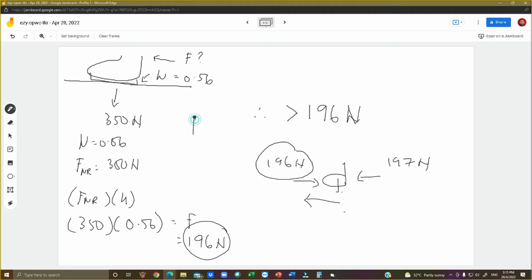Okay? Jadi kalau kata kotak, normal reaction force dia 100 Newton, means that at any given point of time, it give the ground 100 Newton. Berapa banyak tenaga kita perlu untuk tolak? Kita kena tengok coefficient of friction dia. Exceed this one. And then the box is going to move. This is Newton's second law.